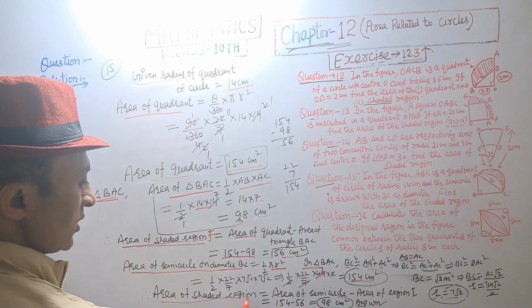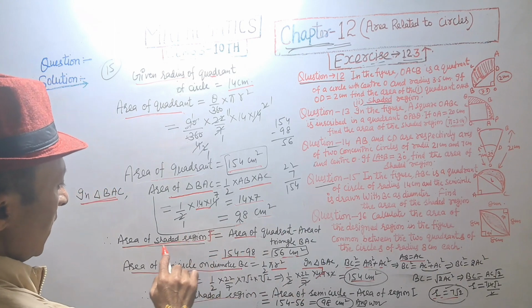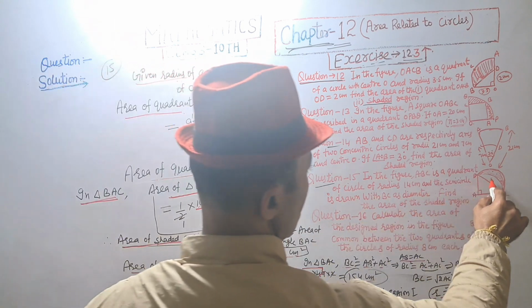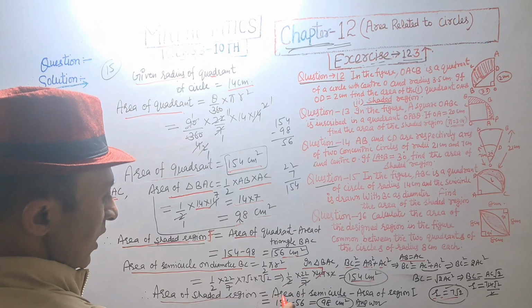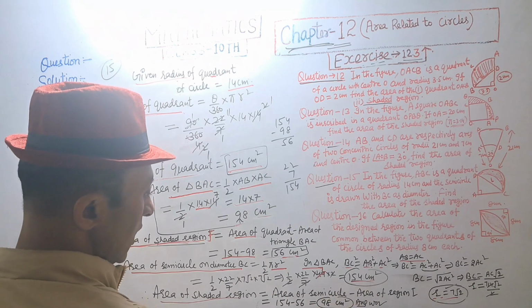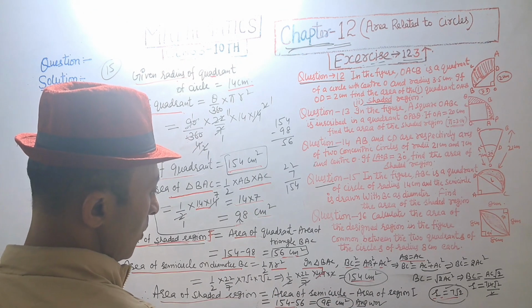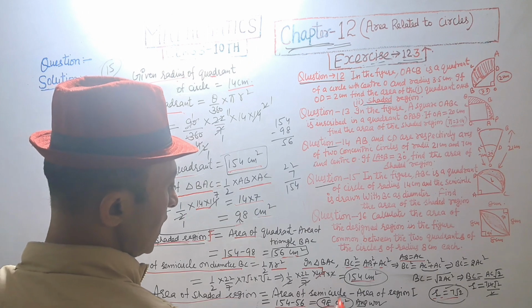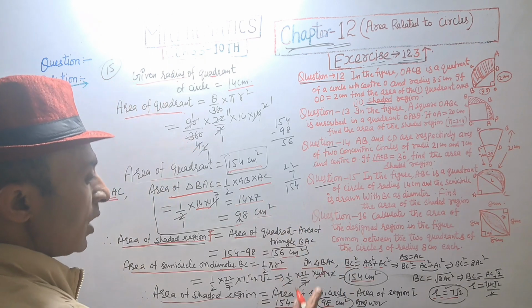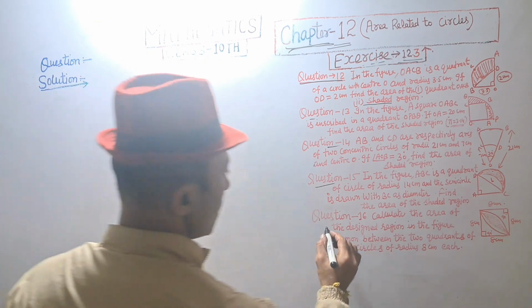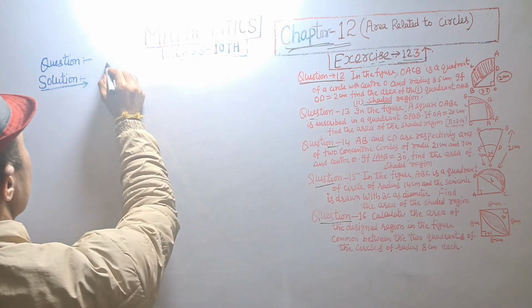The area of the shaded region is equal to the area of the semicircle minus the area of region first, 154 minus 56, that is 98 centimeter square. Answer.